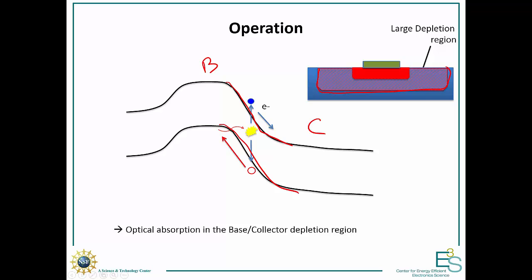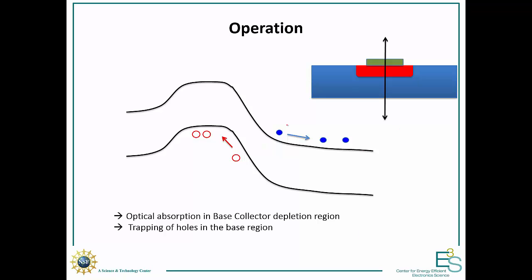Your light is going to shine onto your BJT, and you're going to have electron hole carriers that are generated. The electrons are going to drift down to the collector, and the holes are going to go into the base. And since the depletion area is fairly large, you're able to collect a lot of light that way. So you've got, to start, optical absorption in the base collector depletion region.